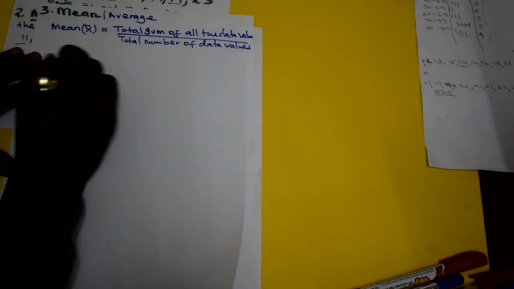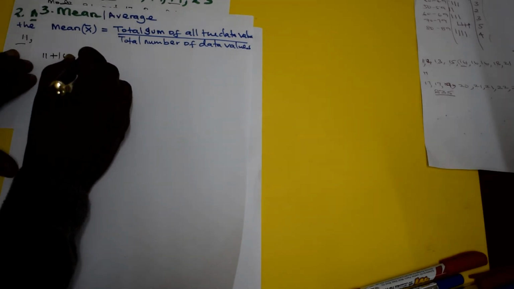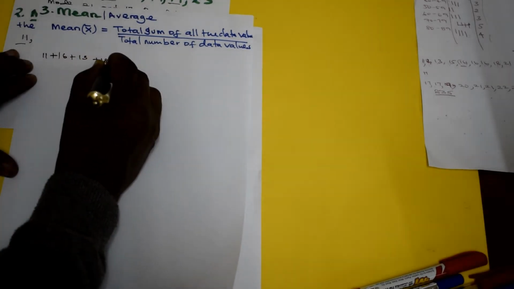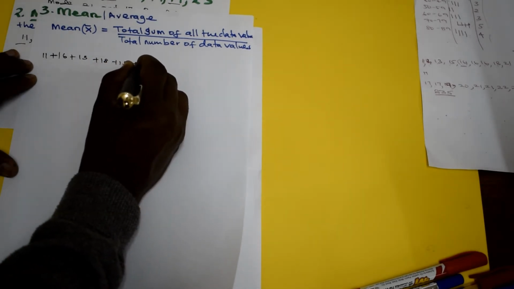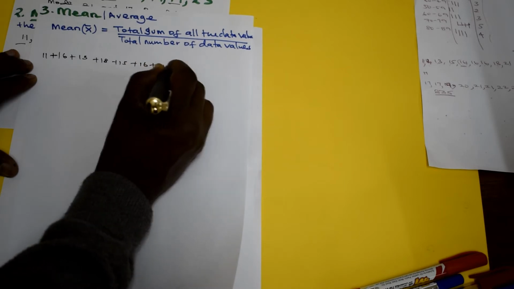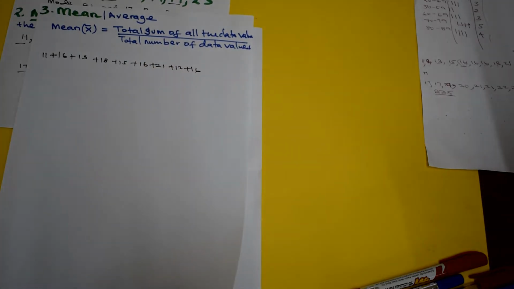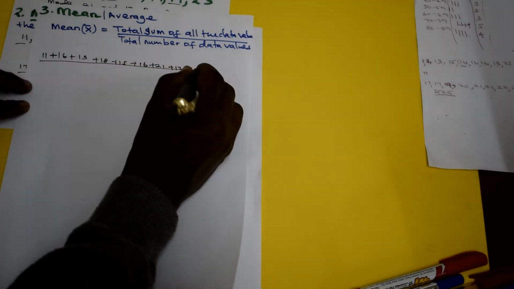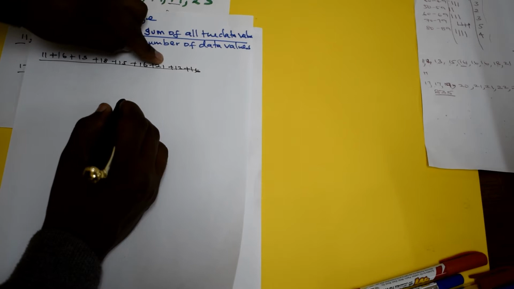11 plus 16 plus 13 plus 18 plus 15 plus 16 plus 21 plus 12 plus 16. If we get the sum total, then we are going to divide by the number of items. 1, 2, 3, 4, 5, 6, 7, 8, 9.